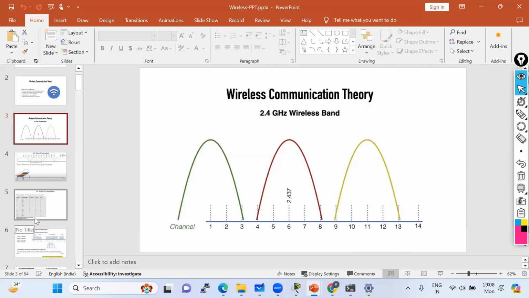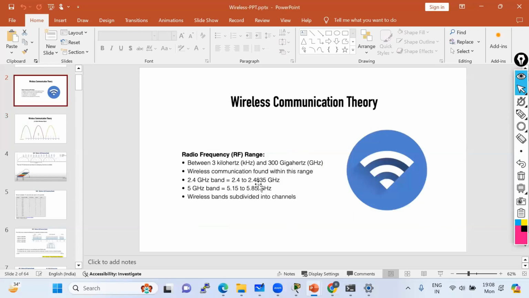So this diagram is also created in such a way. Let's suppose I have the 14 channels, right? And I have to give some bandwidth, and how is the bandwidth going to be defined for each channel? So this is the bandwidth range 2.4 to 2.4835, and you have to keep the spacing between the ranges.